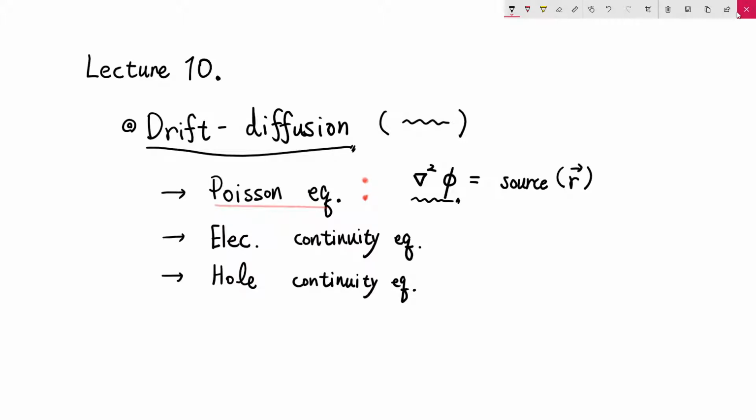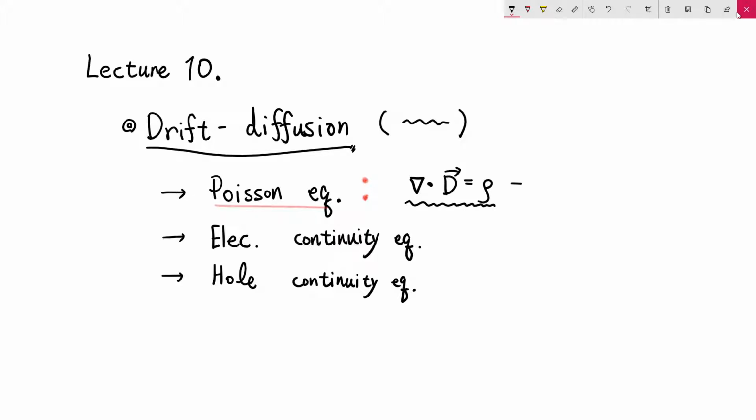But in our consideration, our so-called Poisson equation simply looks like this. This is not actually the Poisson equation itself, and this is just Coulomb's law.